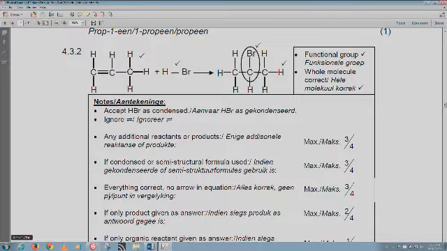And then if there's an additional reactant or a product, then you penalize 1 mark in any of the marks that you have given. If everything is correct but no arrow in the equation, you still give all the marks and then you take 1 of the marks because there is no arrow. Then the learner can get a maximum of 3 out of 4.